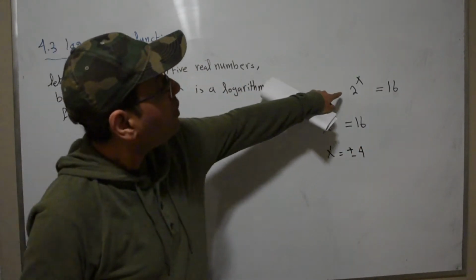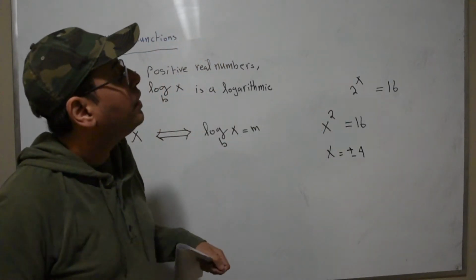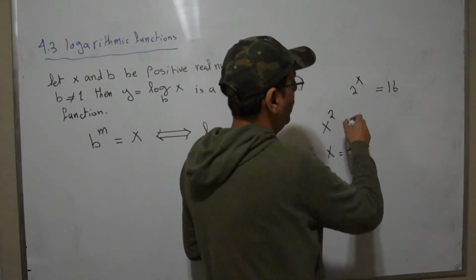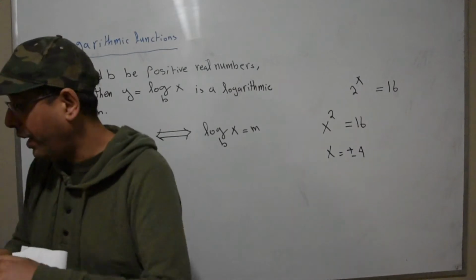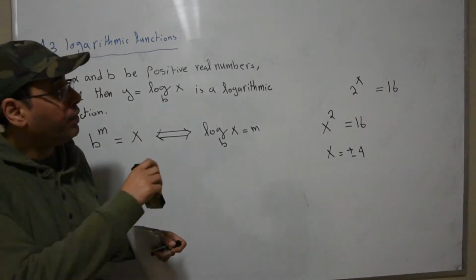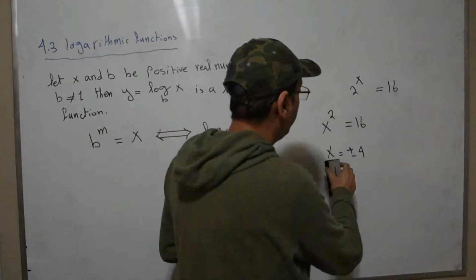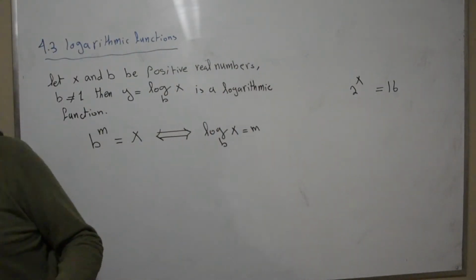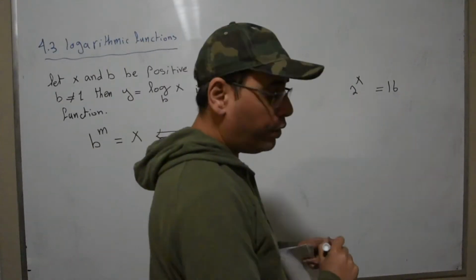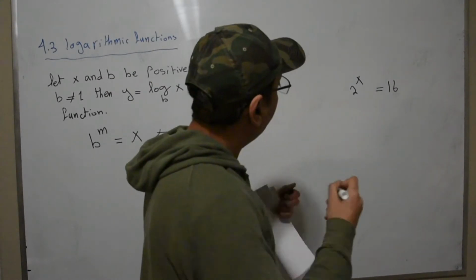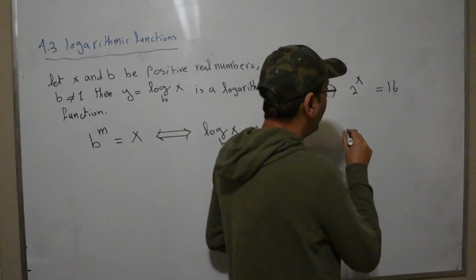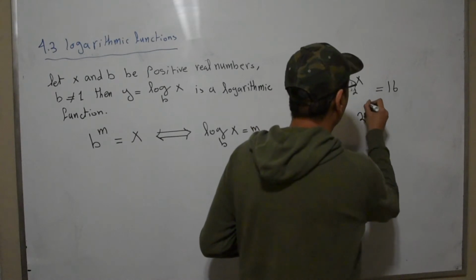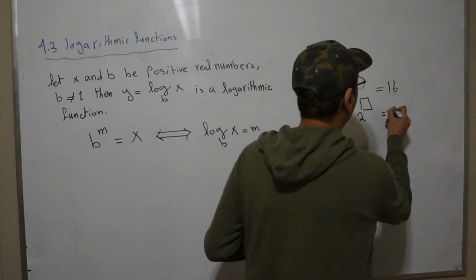Now, I'm asking you how to get the value of x when x is in the exponent. So the answer to that question is, I ask myself, 2 to what equals 16?